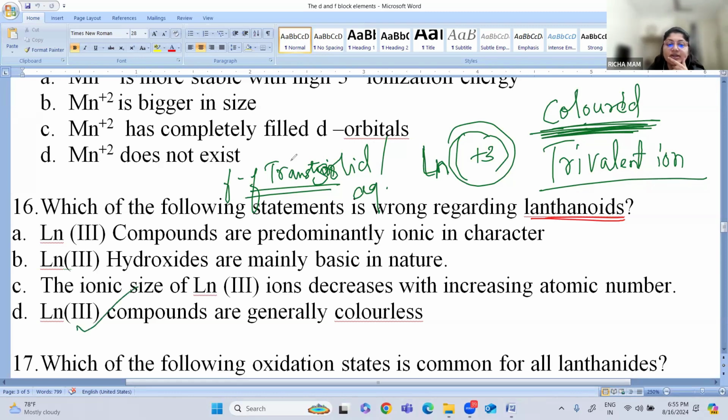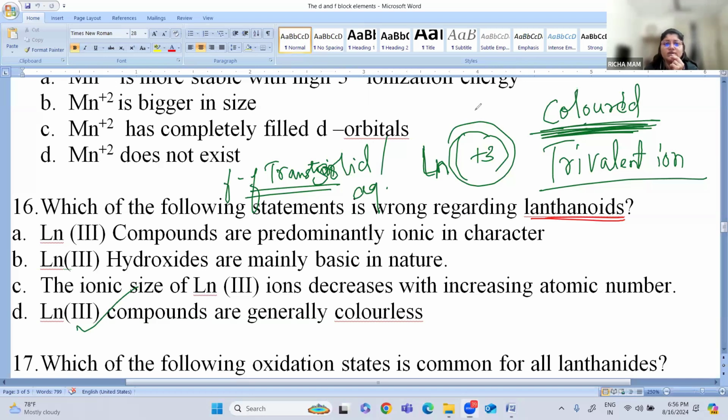So the wrong statement among the following is that Ln3+ compounds are generally colorless. No. When lanthanoids are present in the +3 state, most of them being trivalent ions, they are colored in both the solution form as well as the solid state. So how is the color observed?